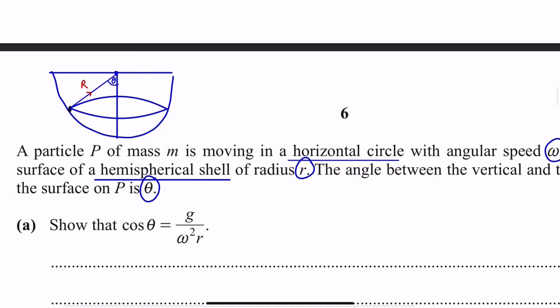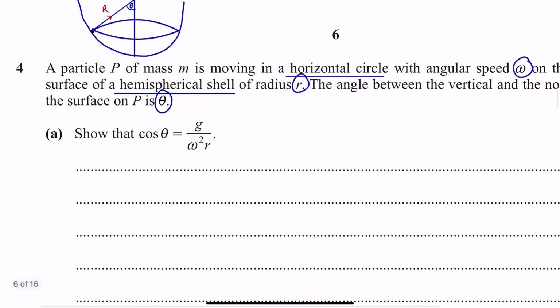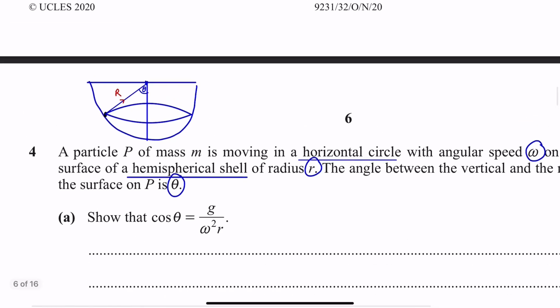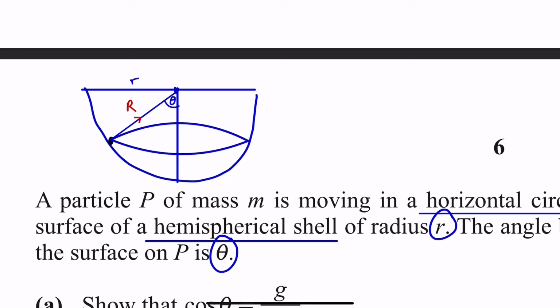So now for part A, we need to show that cos theta equals g over omega squared r. So we know that the radius of the hemispherical shell is r. That means this would be r. This length will also be r. But what is the radius of our circular motion?